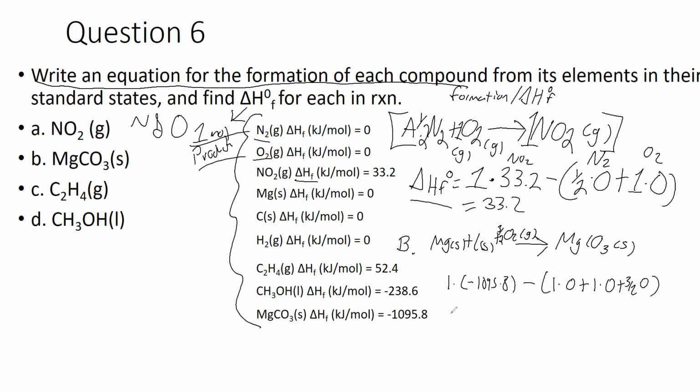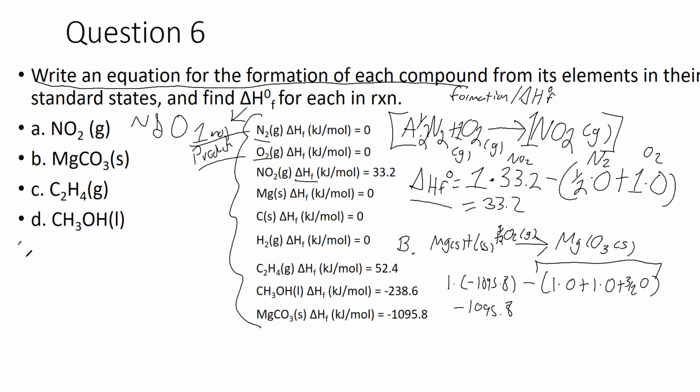So it just equals negative 1095.8. I understand that doing all this 0, 0, 0 stuff seems redundant right now, and you might not see the point of it. The reason I'm having you write it out like this is that in the next problem we do, these won't all be zeros. They're actually going to be numbers. So I want you to get the math formula down in your head of how to do this.